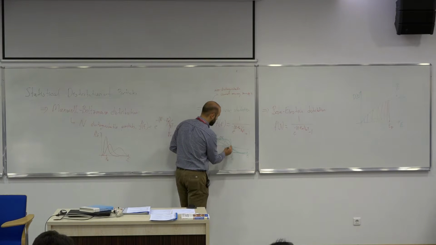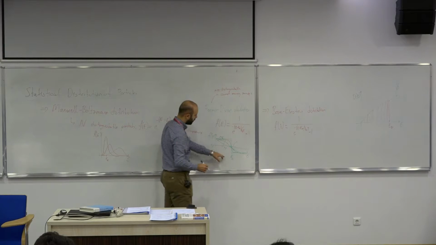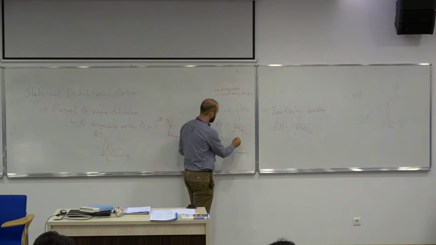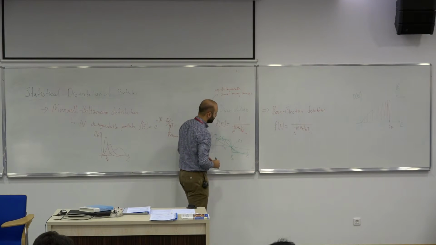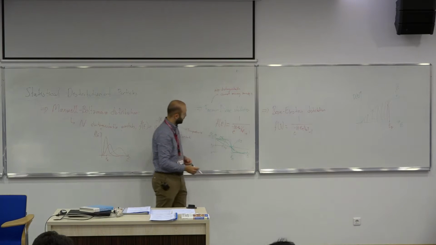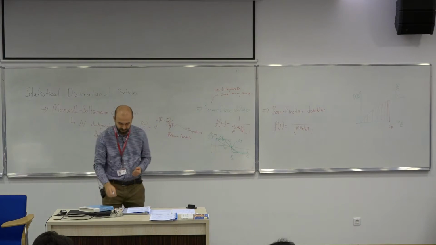And the point where it crosses EF always has this probability. It's 1/2 probability. Okay?